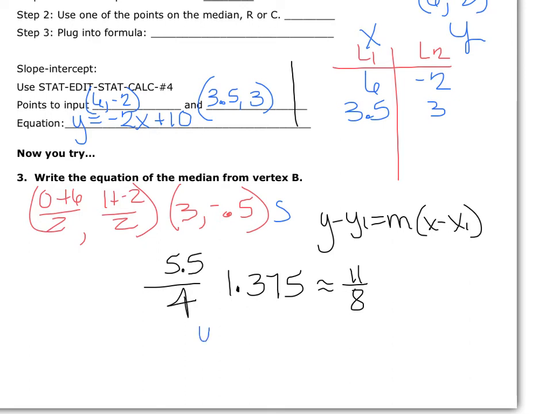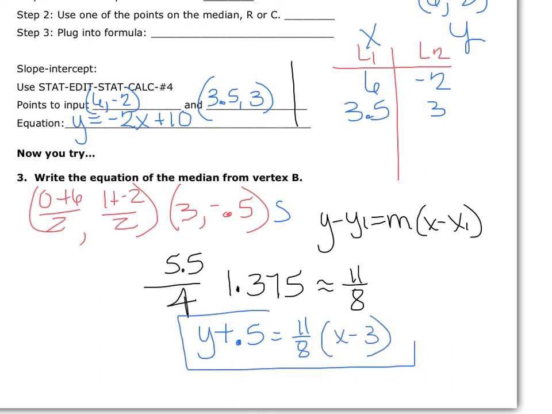So we can say y minus the y, so it becomes a positive 0.5 is equal to the slope times x minus the x. All right, since the slopes are a little bit of crazy numbers, and you do have this half point here, remember you can always do stat edit stat calc.